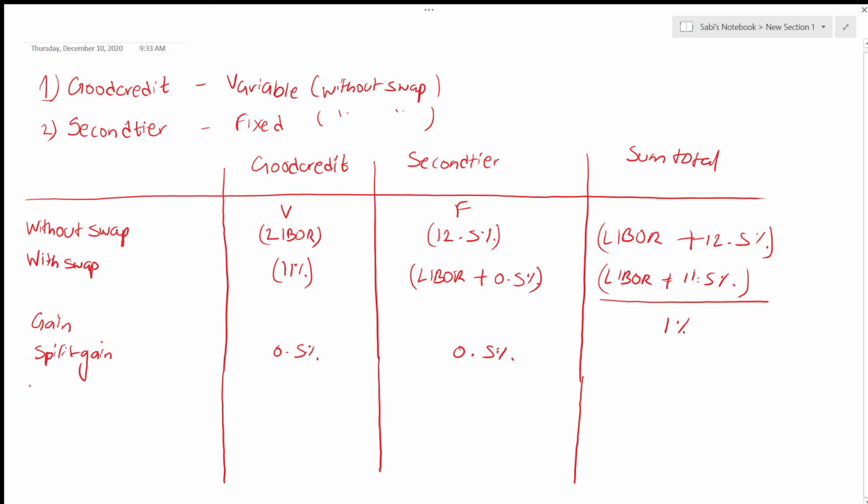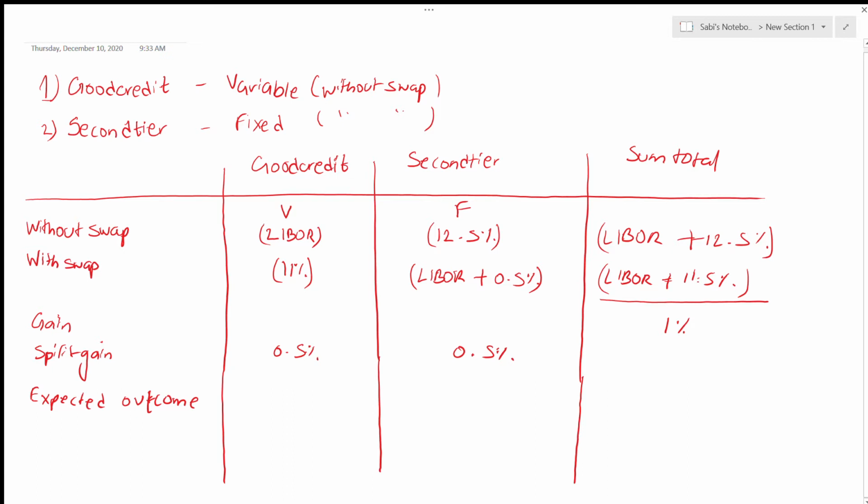Very important is the expected outcome. This needs to be there. Every line which I am putting, every line needs to be put as it is. You cannot skip one line and go to the next. Without swap, with swap, gain, split gain, expected outcome, everything needs to be there in the proper order, right? What is the expected outcome?